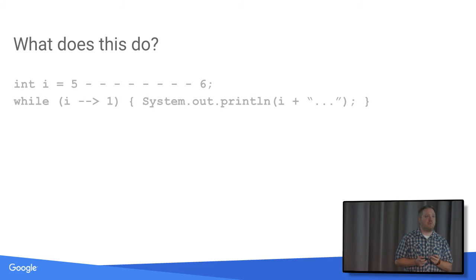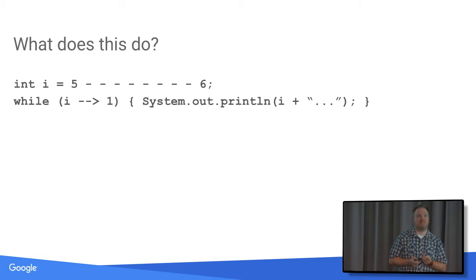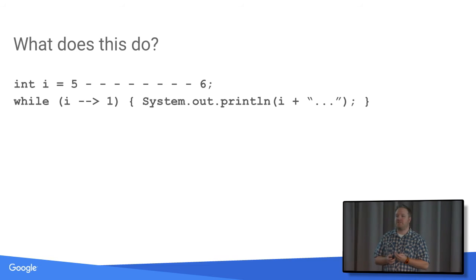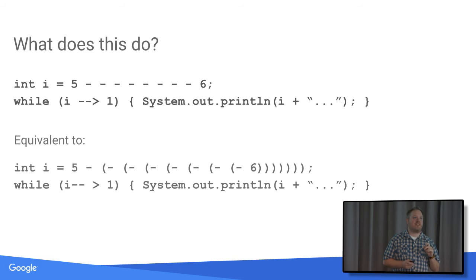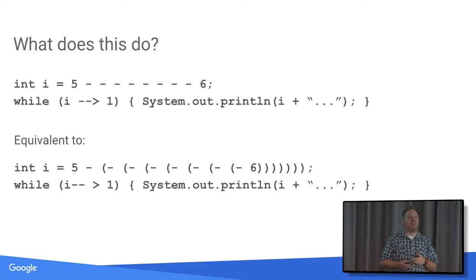Can anyone tell me what this does? So here's a quick show of hands. Has anybody seen the approaches operator before in any language? That's because it doesn't exist, of course. So the trick to this is most people are probably thinking the first line, you've got it. So it's equivalent to saying 5 minus -6, which is, of course, the value 11.